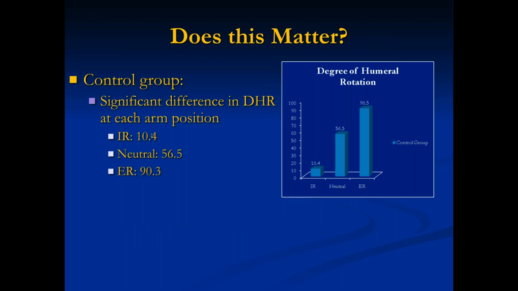What we found was that it was narrowest with internal rotation in our series of people who had no symptoms, about 10 millimeters, and then neutral and external. So there can be a big difference depending upon the rotation, and that's because the humeral head in that location is not a circle.